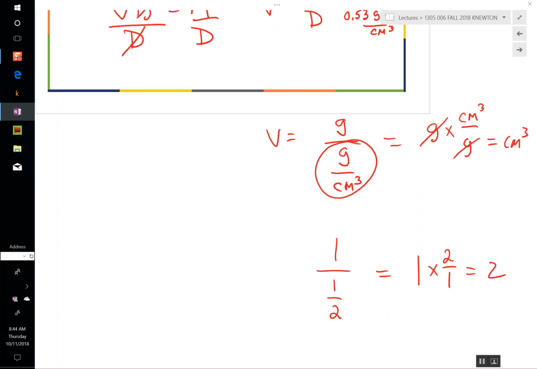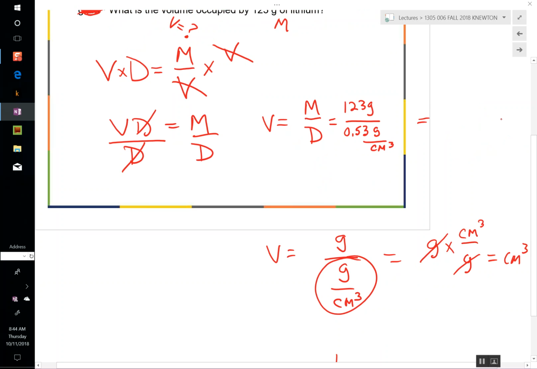But that tells me enough that my units for my answer here are going to be cubic centimeters. Does that match a volume? Is that a volume unit? Yes. If I come out with a unit here that is meters, now I can't here, I don't have any meters in here, or if I came out with grams squared per cubic centimeter and I scratched my head and I thought, I don't know what that is. I don't even know what that is.